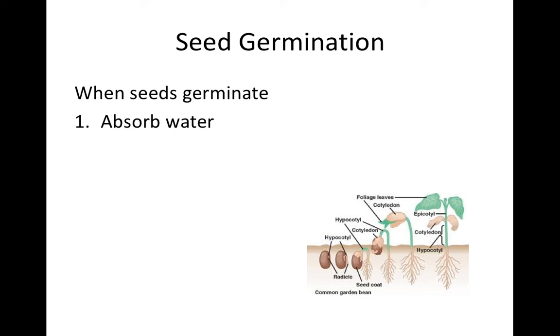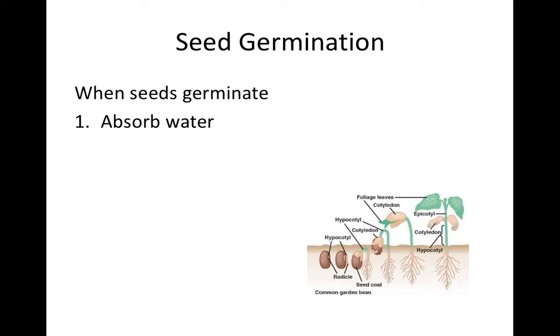Usually when a seed germinates, it's going to start by absorbing a bunch of water, which is why a lot of times we can speed that up. If you were to take a bean and soak it in water, what you're doing is allowing the germination process to start. A lot of times we end up cooking those beans, for example, before we eat them, but that's actually the start of this process, going from a dry bean to a plant.